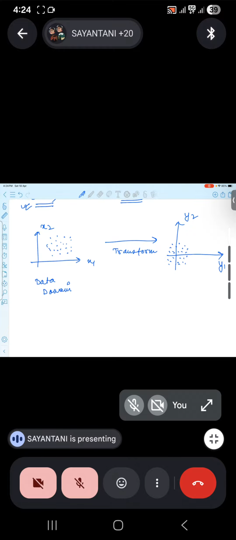Now you are just retaining the eigenvector corresponding to the largest eigenvalue. That means the projection along which the variance is maximum. Suppose, for instance, the maximum variance is along this projection. So you can keep the data points along this projection and you can remove this particular dimension. So the dimension is reduced and you are just getting the most important features. Okay. So this is the geometrical interpretation of your principal component analysis.